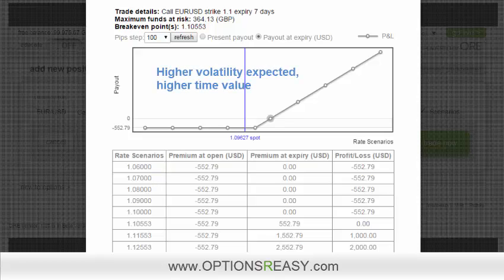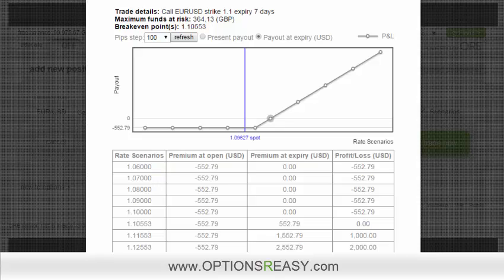If there is a market consensus that it's going to be more volatile, then time value will increase. This means that when you buy an option, not only will you benefit from when market direction goes your way, but you will also benefit when volatility increases. In later lessons, I will explain time value and volatility in more detail.